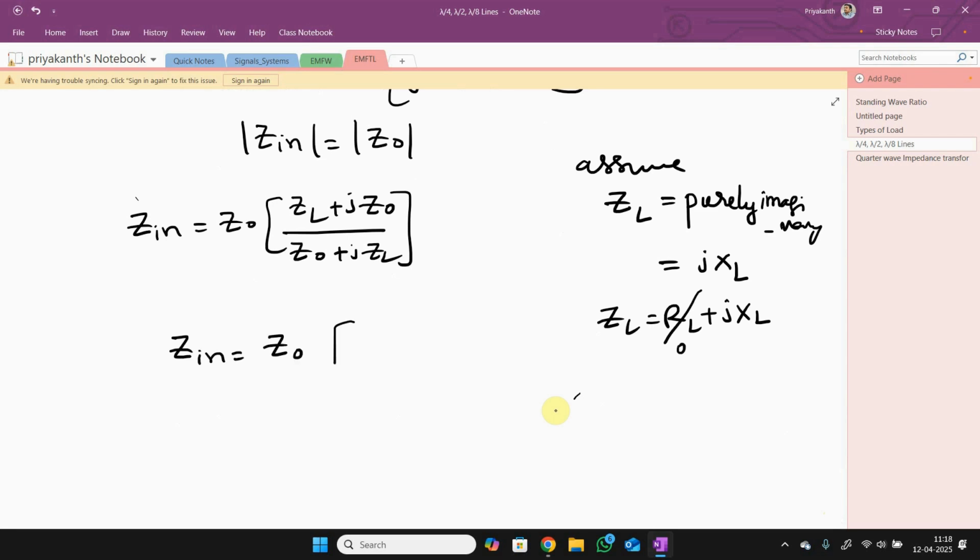Z0 is already real. So it is JXL plus JZ0 by Z0 plus J times JXL.